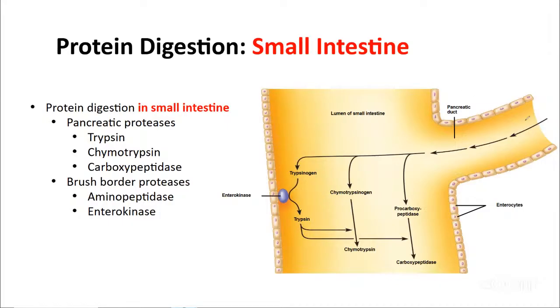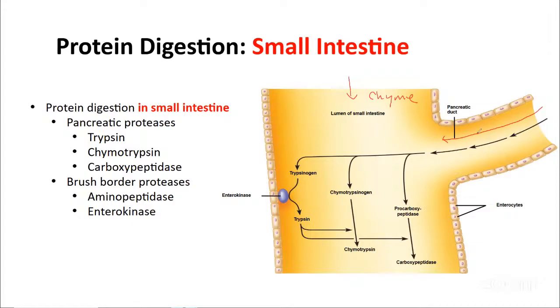Okay, so coming down, we've got our chyme and those peptide fragments coming down the tube from the stomach. And now we have our pancreatic proteases coming out of our pancreatic duct. So we're highlighting a couple of important ones here. The pancreatic proteases that we're ultimately going to be interested in are listed right now by their active forms, right?